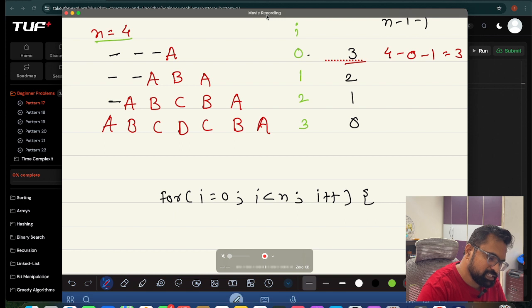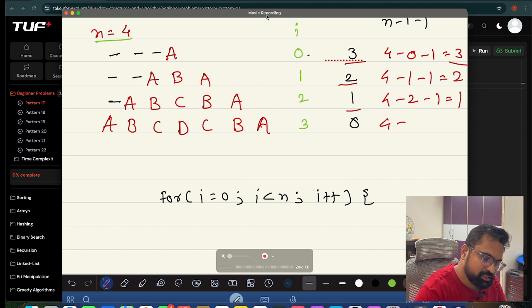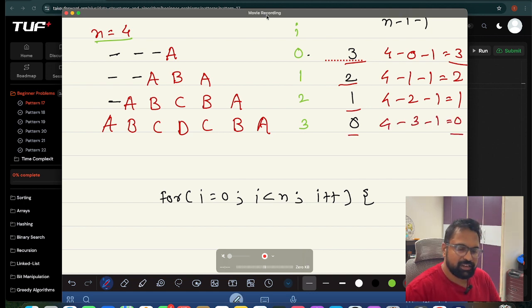Yes, this is matching. Then here 4 minus 1 minus 1 is 2, so yes, it is matching. Then here 4 minus 2 minus 1 is equal to 1, it is also matching. And here 4 minus 3 minus 1 is 0, so it is also matching. So we can identify the spaces at the start and at the end.